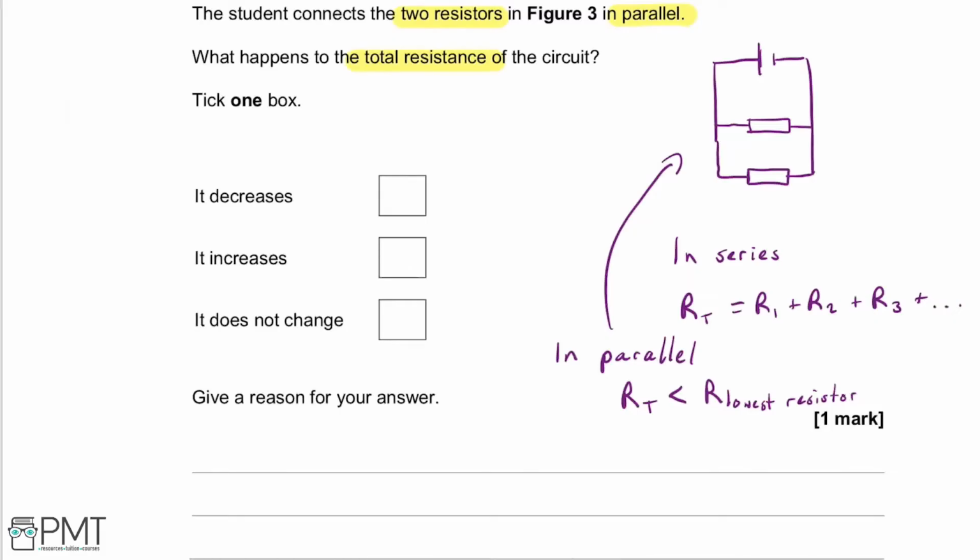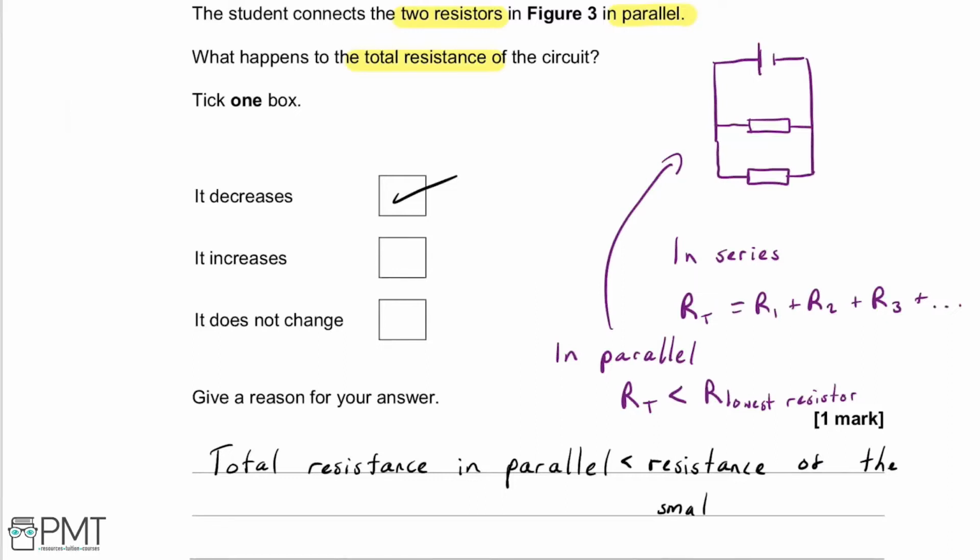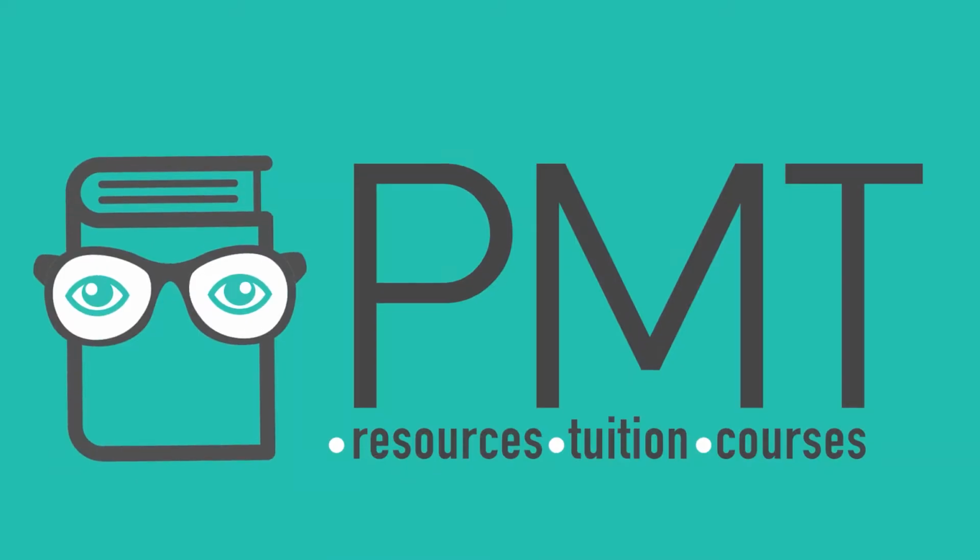That's over here, 1.6. And if you put that into your calculator, you'll get an answer of 7.5. We're given the units in the question. The units of resistance is ohms. And so we'll just write that.